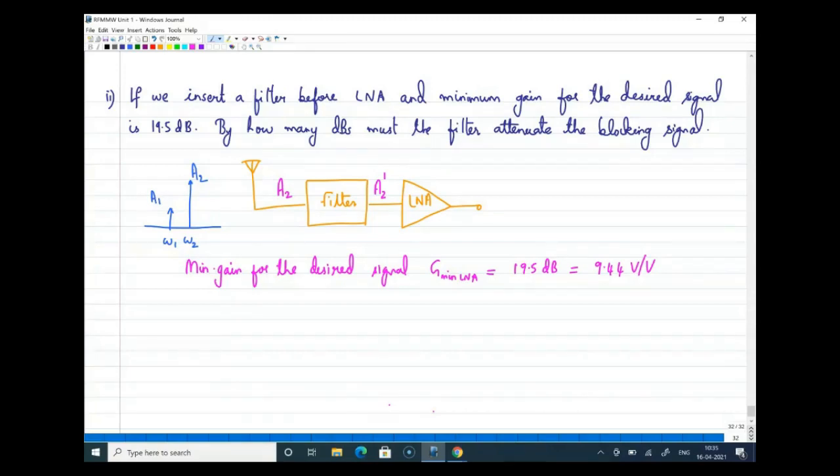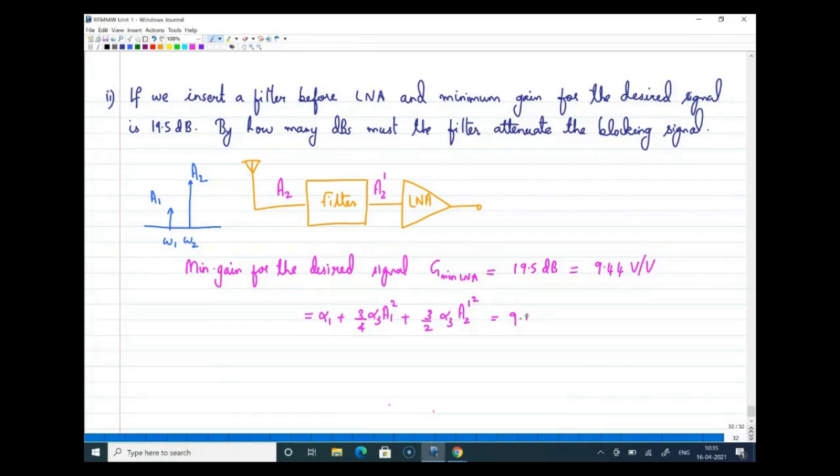Now, when I write the gain expression here, I can write it as alpha 1 plus 3 by 4 alpha 3 A1 square, the same previous expression I am taking. But when I write for A2, it is not A2, it is A2 dash square, because A2 is modified as A2 dash through this filtering operation.